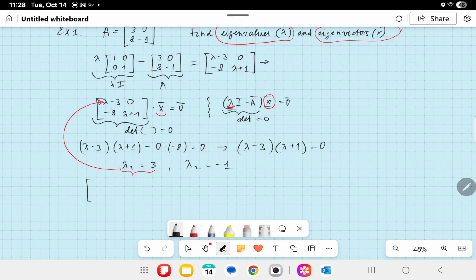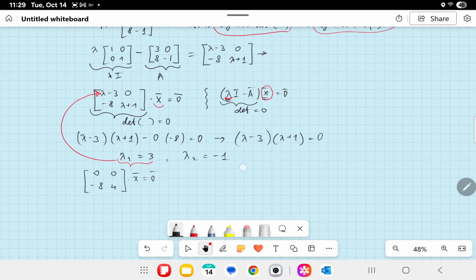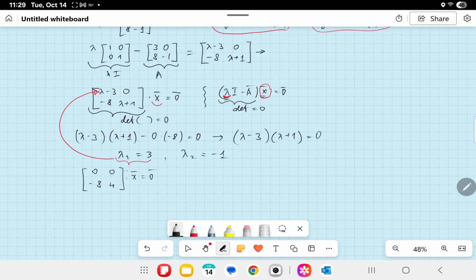So 3 minus 3 is 0, 0, minus 8, and 3 plus 1 is 4, right? By some x equals 0. So that's my homogeneous equation. Well, it looks like I totally miss the first row, right? And my second row is going to be the only one essential here. So, well, since I have only one row, I'm going to have only one leading variable and one free variable.